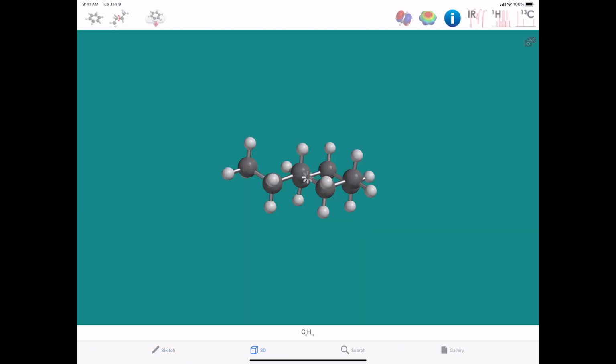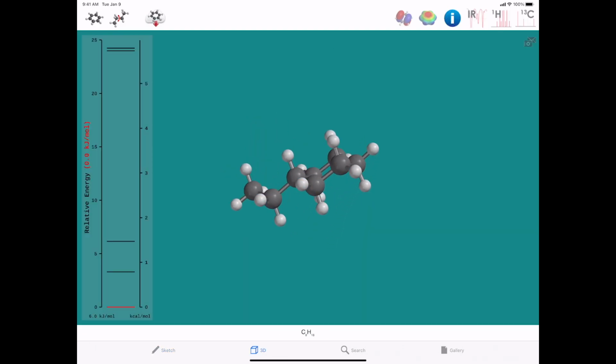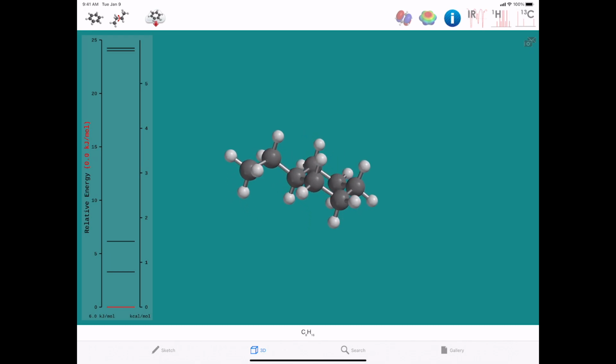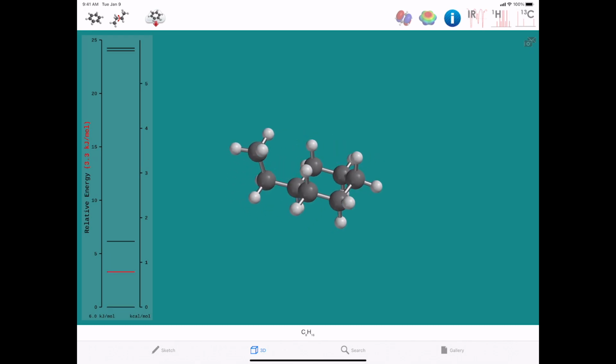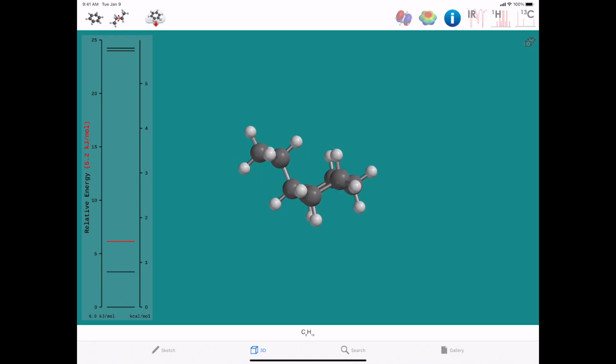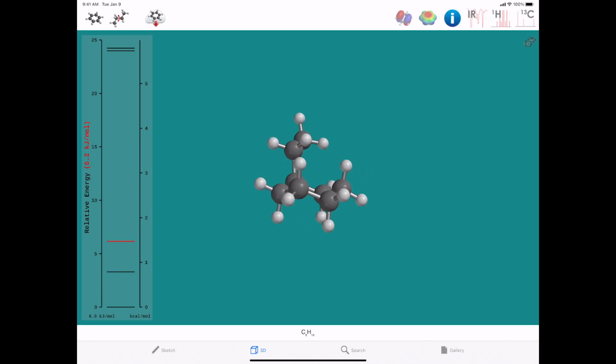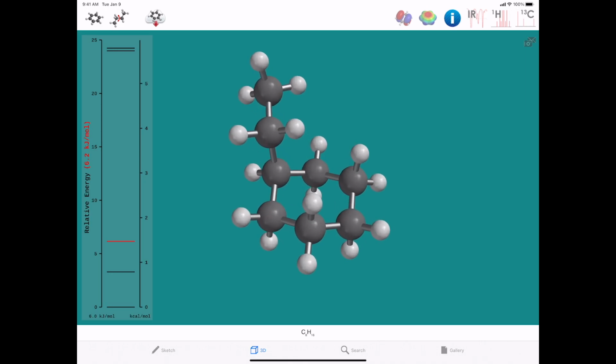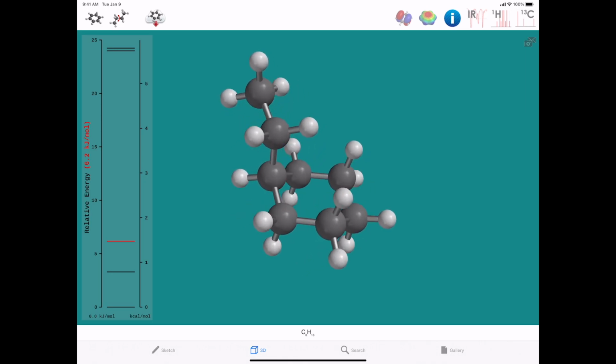There, that's an ethyl group on a cyclohexane ring. Here's equatorial. Here's still an equatorial. There's an axial conformation, but do you see how the other group, the methyl group that's attached to the other carbon on the ring, swung out of the way? So it's kind of far from the ring. Doesn't make much of a difference.